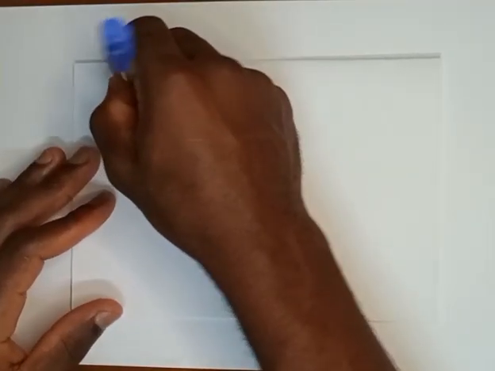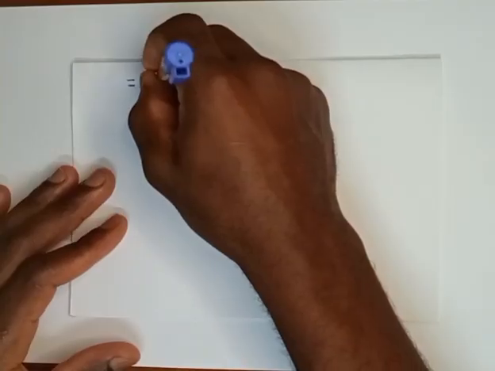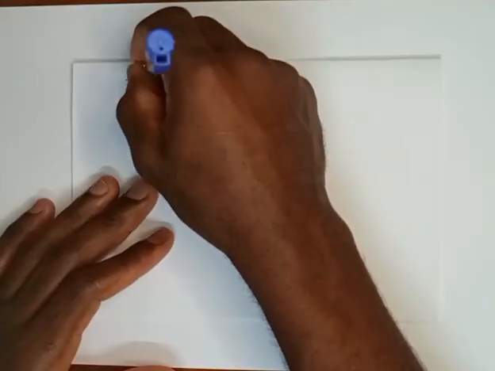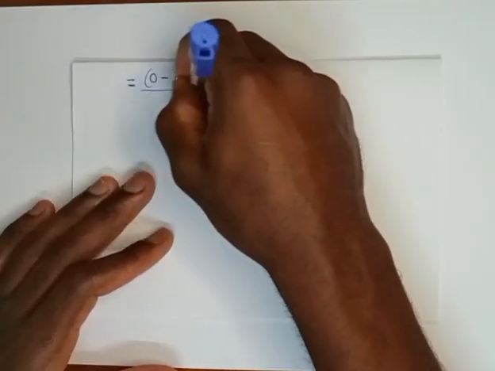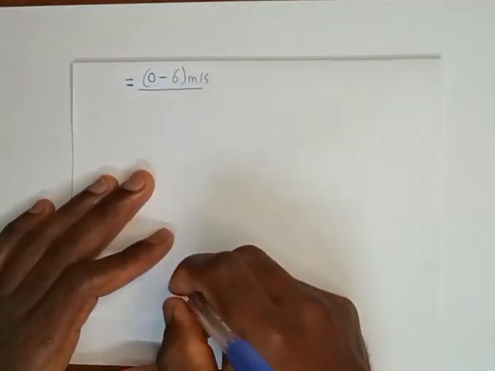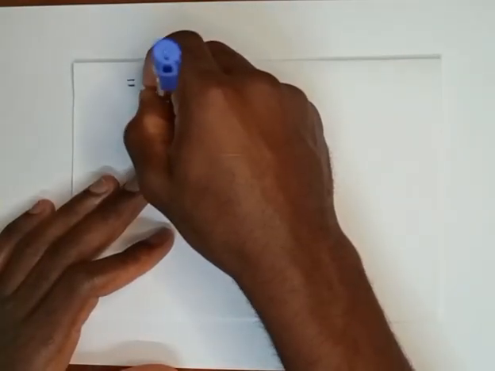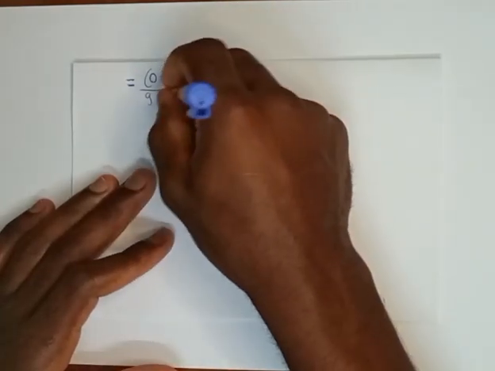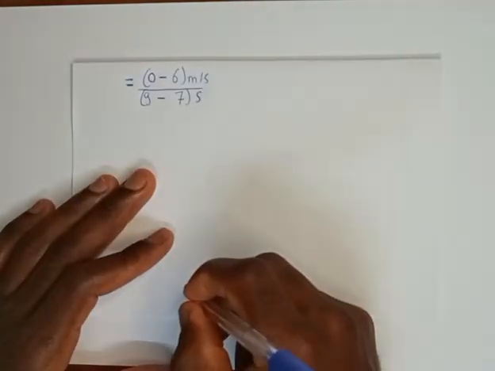This will simply be equal to, we have V2 as 0 minus V1, which is 6, all in meters per second. Then we divide by T2, which is 9, minus T1, which is 7, all in seconds.